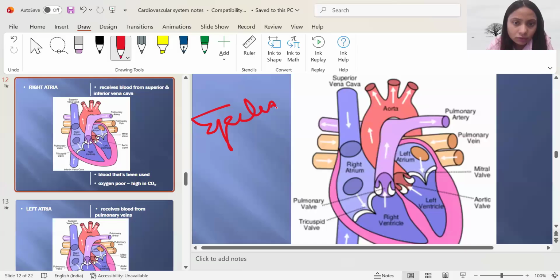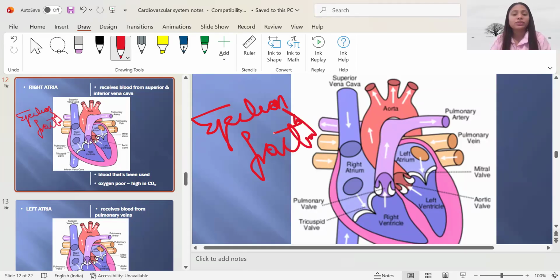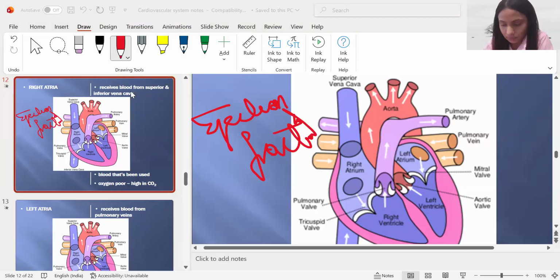Ejection fraction. What is the spelling? Okay, what is ejection fraction, everyone? Can anyone tell me?